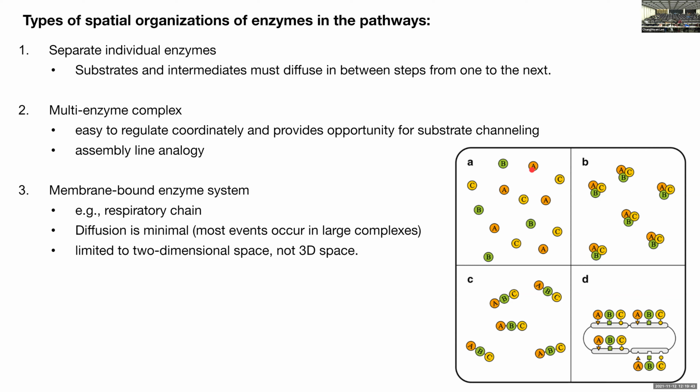Let's imagine that there are 3 enzymes involved in this particular reaction to get the final product. The initial reactant has to flow and diffuse to enzyme A, and then it'll make the first intermediate molecule, right?